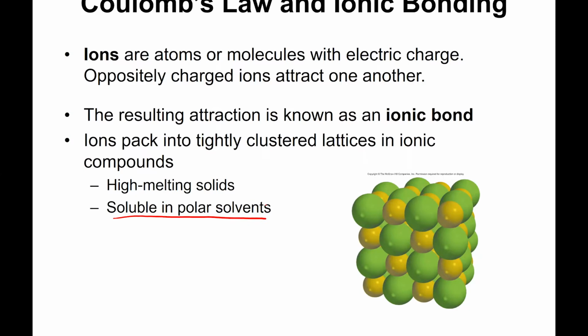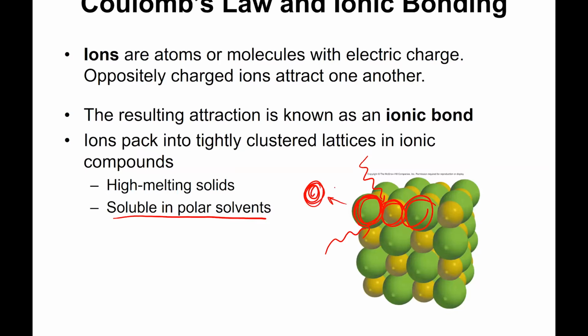Why does this make sense? High melting point because if you think about it, these are all packed next to each other very tightly. And for something to melt, it has to separate, right? To melt, we have to go from a solid to a liquid, which means we have to separate off.